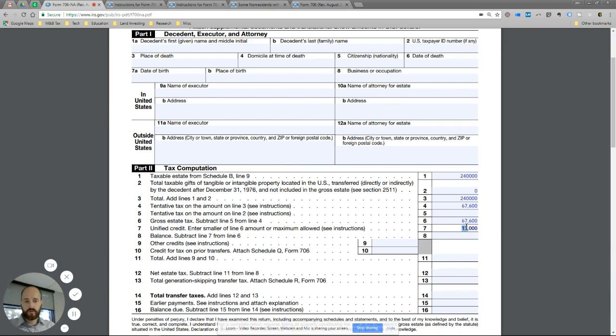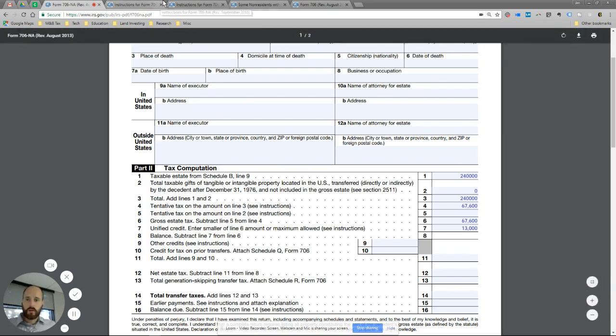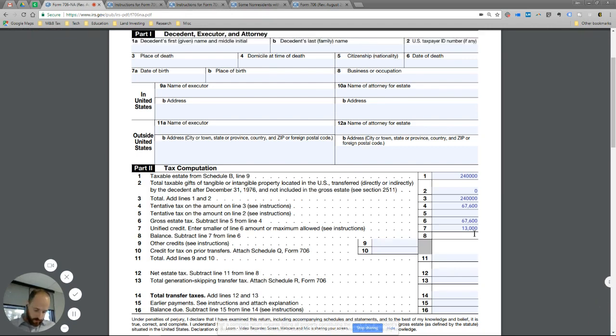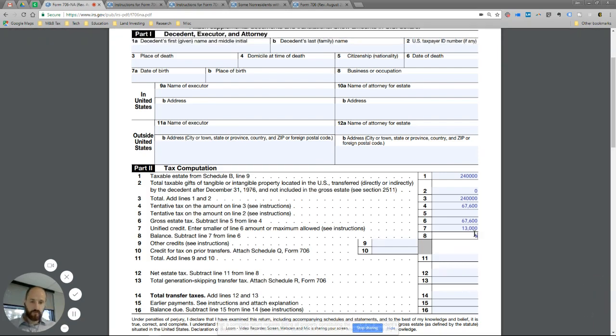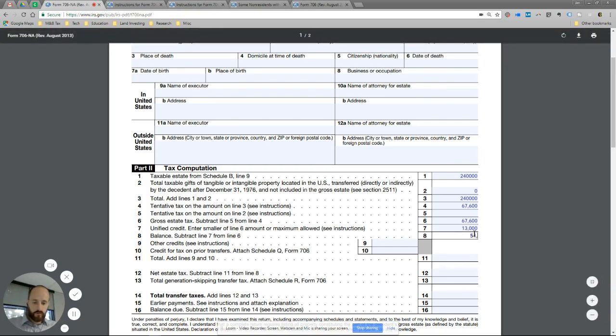The 60,000 is the exemption amount, and this is the amount of credit you'll get for 60,000 of exemption using Table A. So the balance, because I don't want to get it wrong in front of you, is 54,600 of tax. Any other credits?